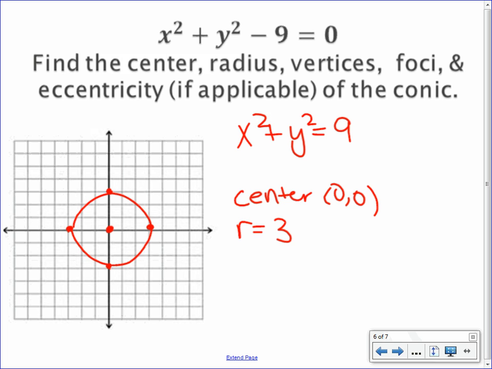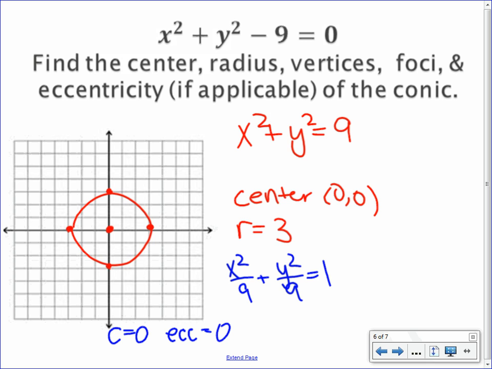Okay. Now if I did write it like an ellipse, x squared over 9 plus y squared over 9, you notice how a and b are both 3, hence the radius of 3. A squared minus b squared is 0. So c is 0, which means our eccentricity is 0.